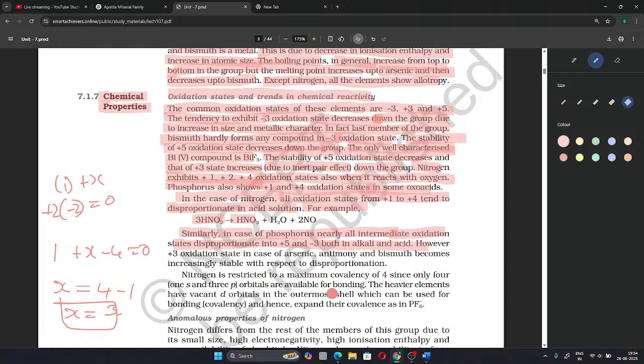Phosphorus shows +1 and +4 oxidation states in some oxoacids.